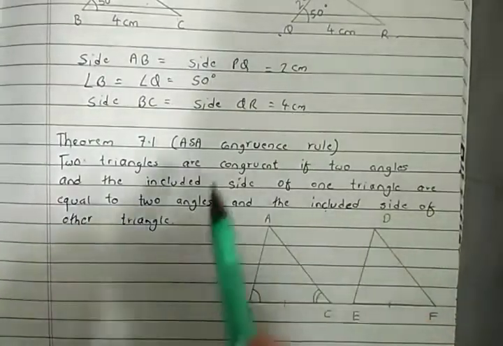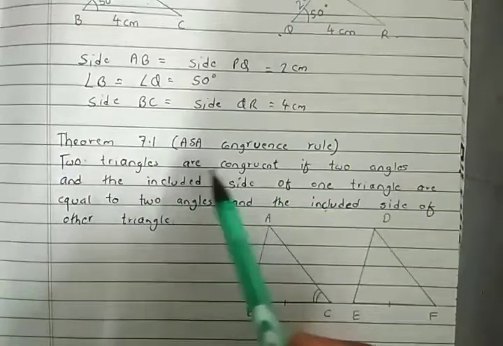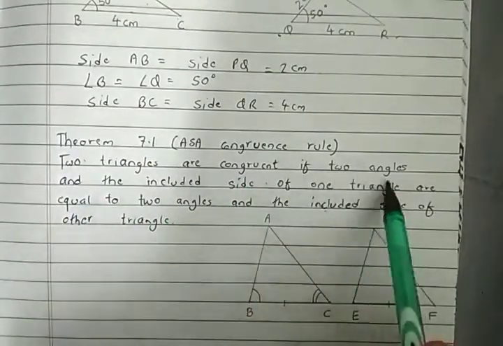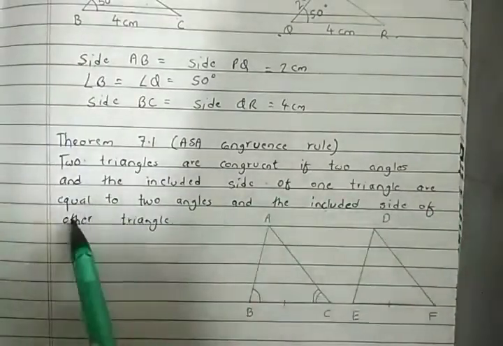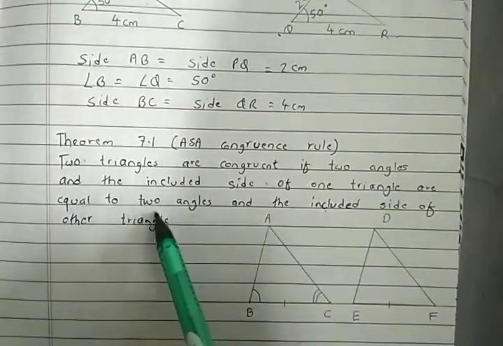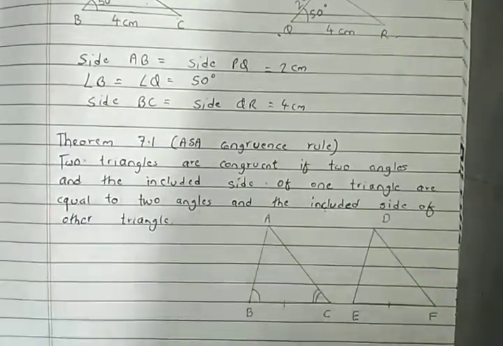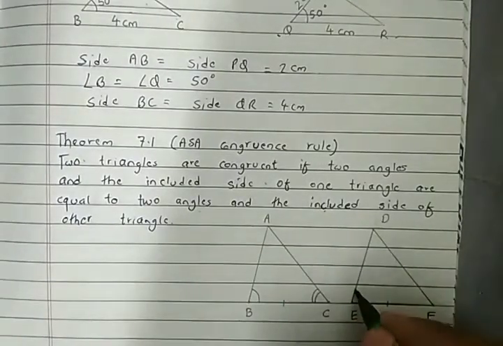Now let's learn about the angle, side, angle congruency rule. What does it say? Two triangles are congruent if two angles and the included side of one triangle are equal to two angles and the included side of the other triangle. What does this mean? Angle B is equal to angle E, right?